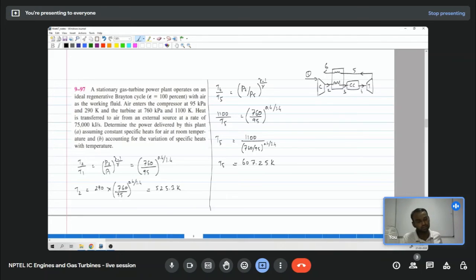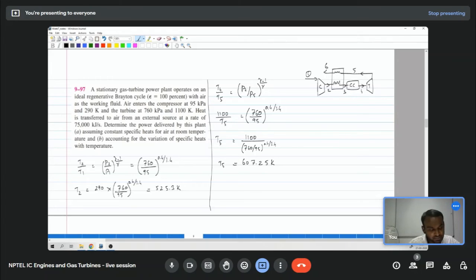So we need to find the power output of the plant. For the power output, we know the rate at which the heat energy is coming in, and we also know the work output for every kg of the working fluid, that can be calculated by enthalpy difference in the compressor and turbine.